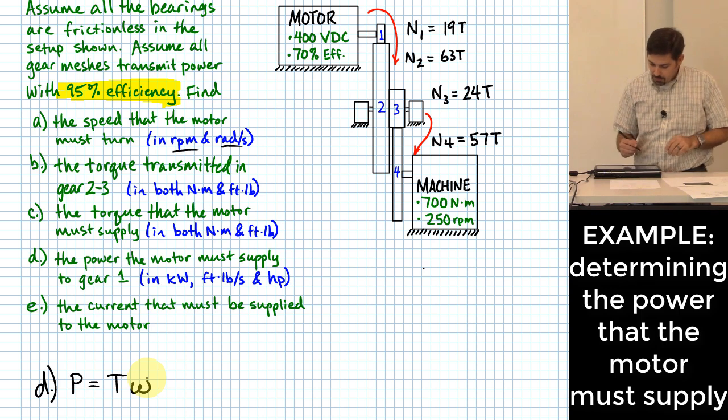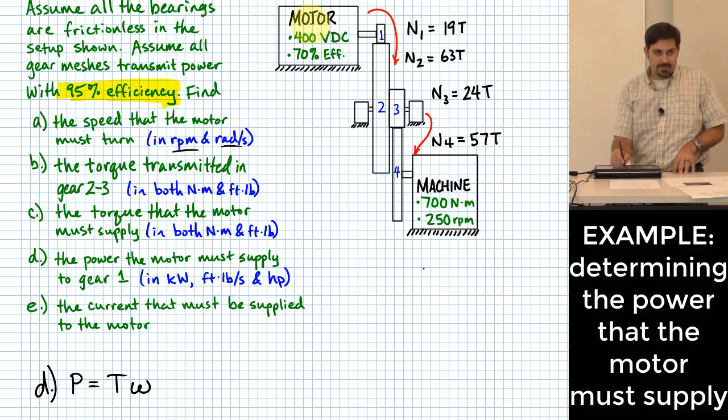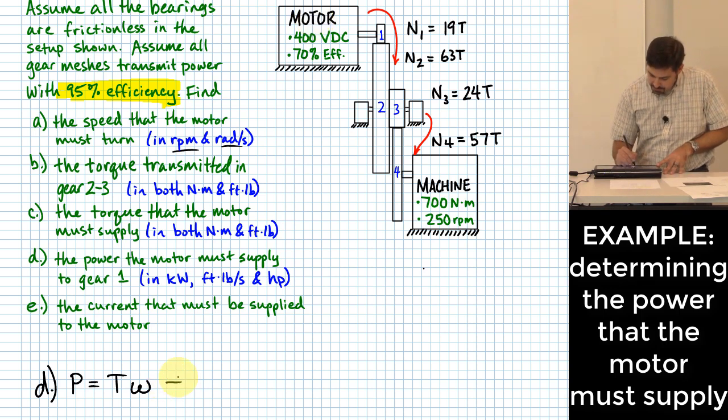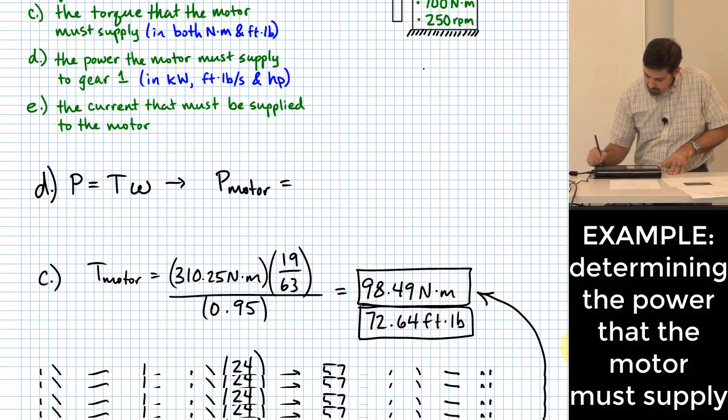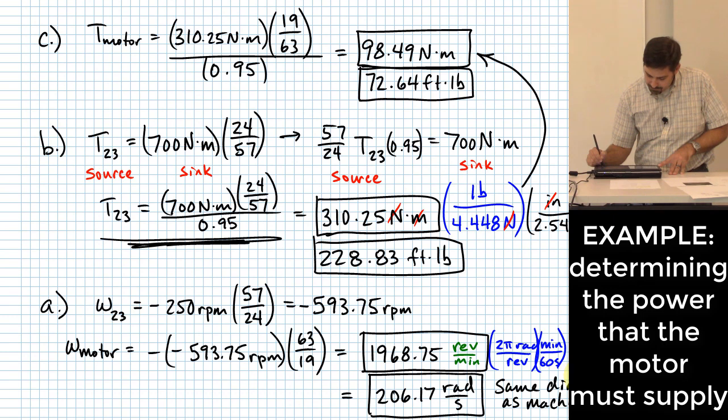So, you know, for us, we don't just take 250 RPM and plug it in here because we're trying to do this for the motor, right? So what we need to do is we're going to need to find the P of the motor. We're going to find the omega of the motor and the T of the motor.